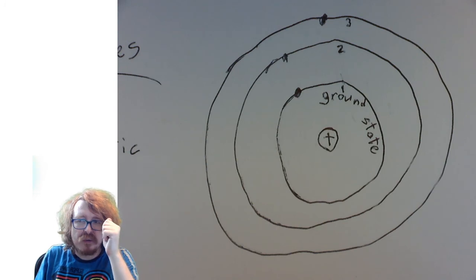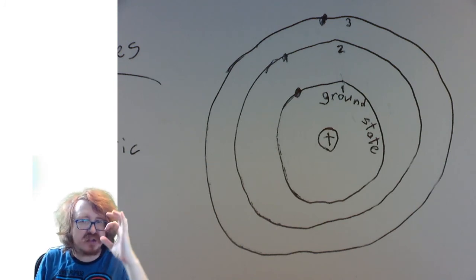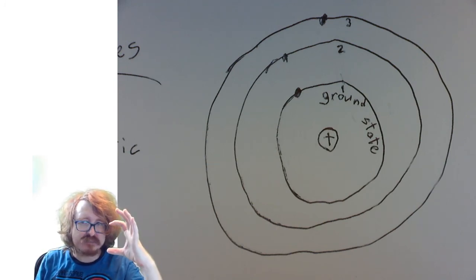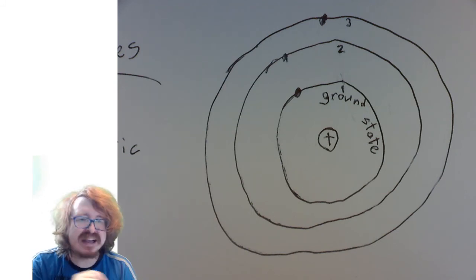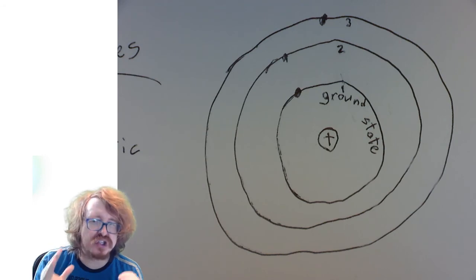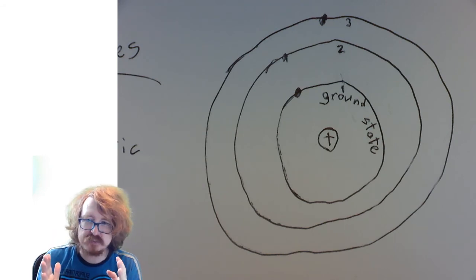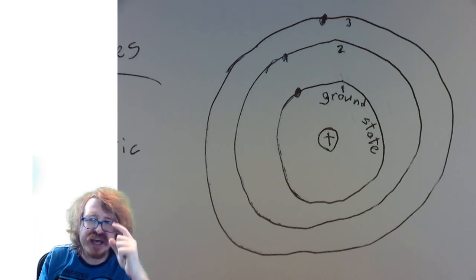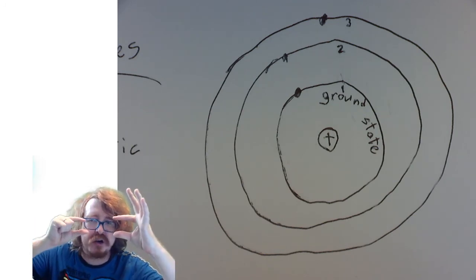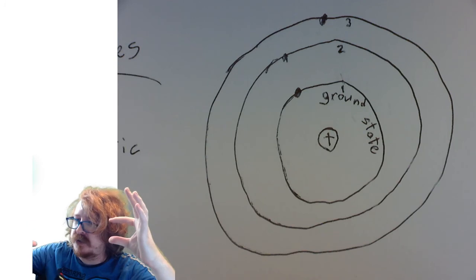If we can only accept certain energies, then that means that this atom can only accept certain wavelengths. Remember, we said last time, or the last couple of times, that certain energies were certain wavelengths and certain frequencies.